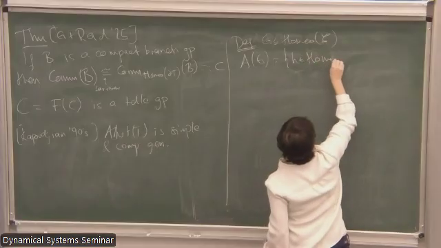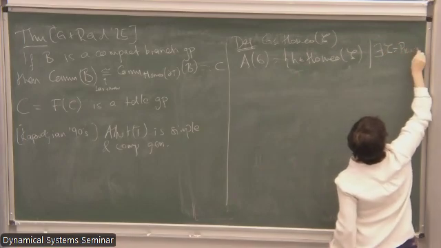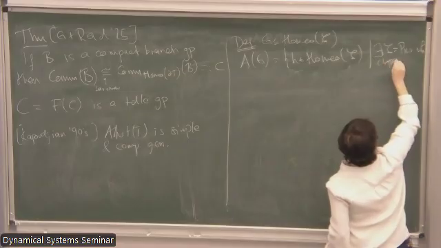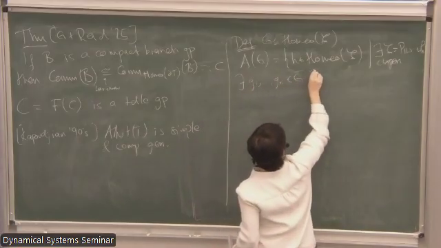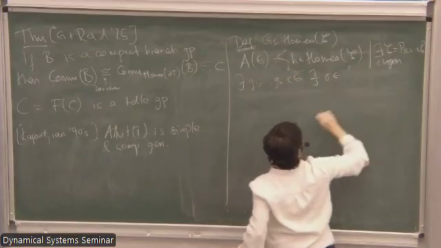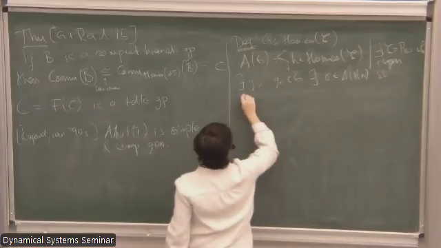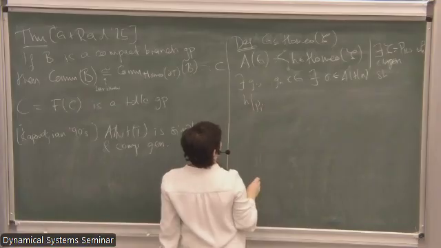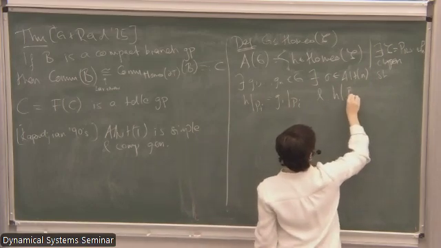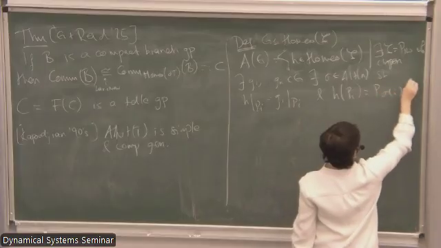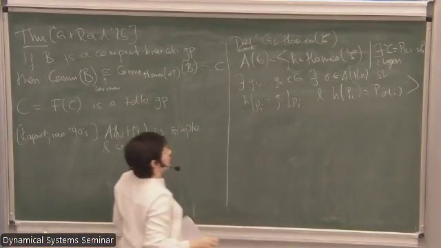It's all the homeomorphisms H of C such that there exists an open partition, there exist g_1 up to g_n in G, and there exists a sigma in the alternating group on n elements such that H restricted to the ith part of the partition is g_i restricted to the ith part of the partition, and also H just permutes the parts of the partition according to an even permutation. Okay, that's what the alternating full group is. It's generated by all of these things.